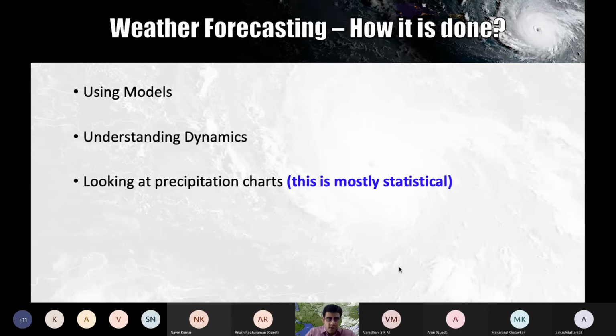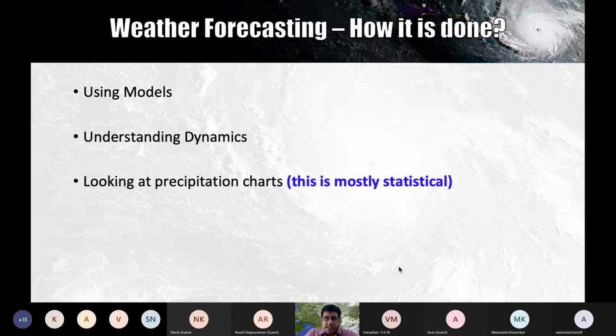Of course, we do it using models. And with the models we add the knowledge of dynamics which we have learned so far: pressure charts, wind charts, how the pressure behaves, how the wind behaves, temperature of the ocean behavior. Adding those dynamics actually gives us a pretty good viewpoint.